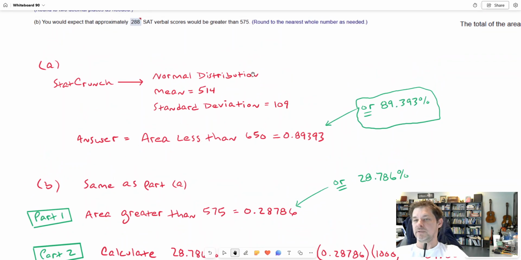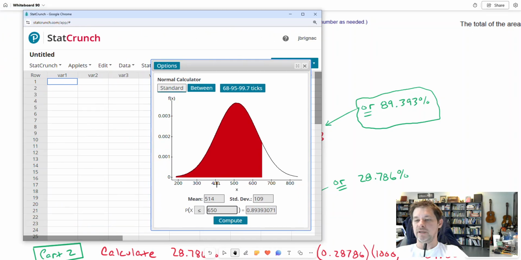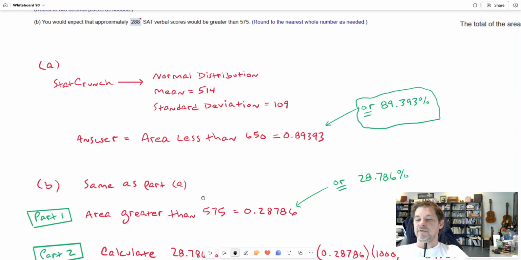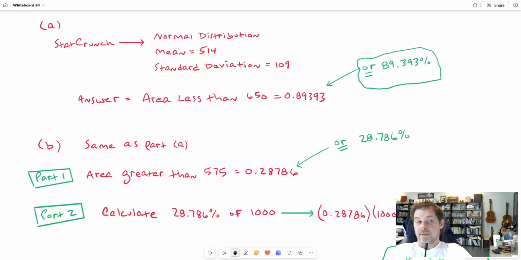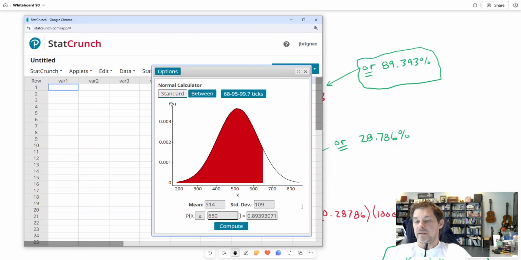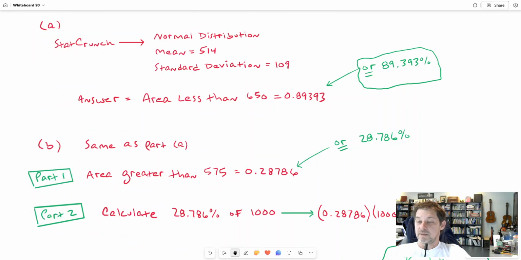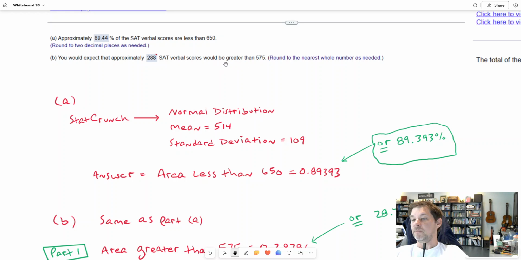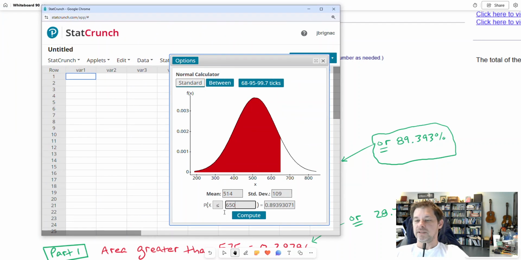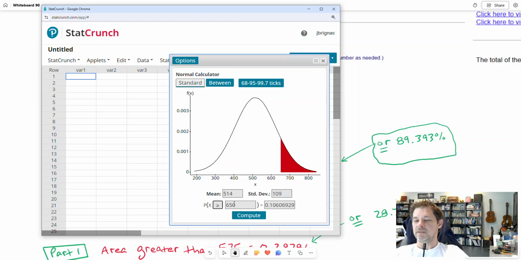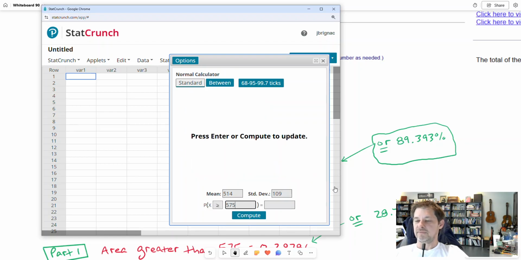So we'll set up our normal calculator the same way, mean 514, standard deviation 109. And first I'll do this. The calculator here will tell me the percentage that's going to score less than or greater than or whatever for some given base score. So I want to find, well, what percentage of students would score greater than 575? So I'll set this thing up to do this and put in 575.